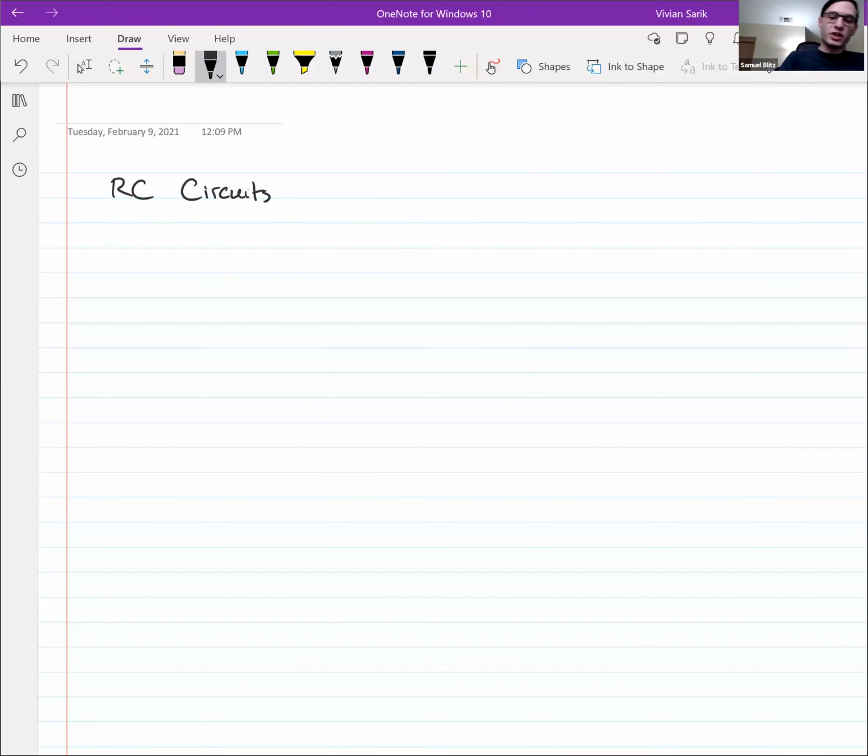There we go. Right, so we're going to talk about RC circuits. So I mentioned on Thursday that we cannot use typical parallel and series methods to, quote unquote, solve a circuit with both a capacitor and a resistor.